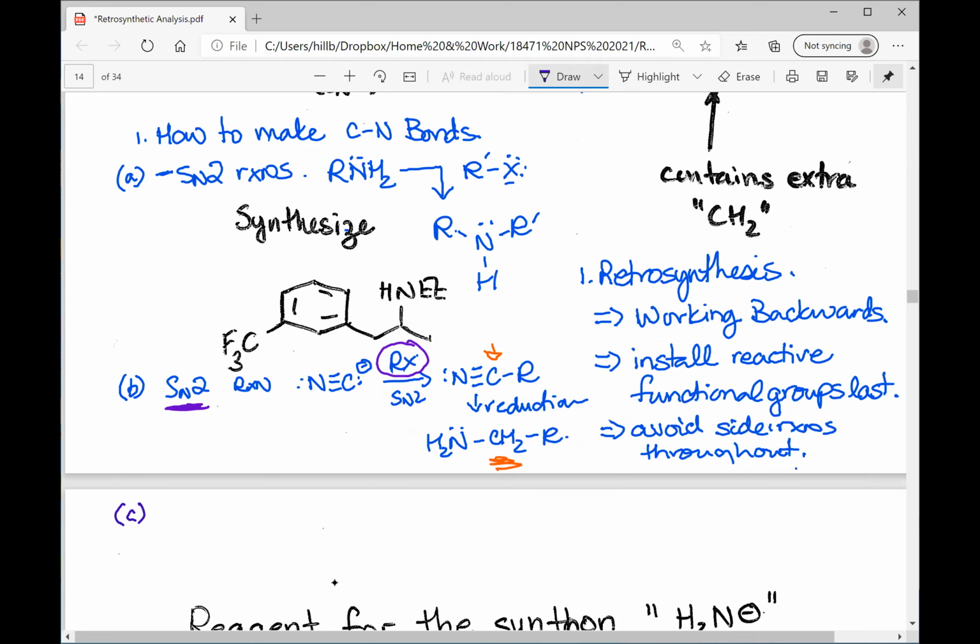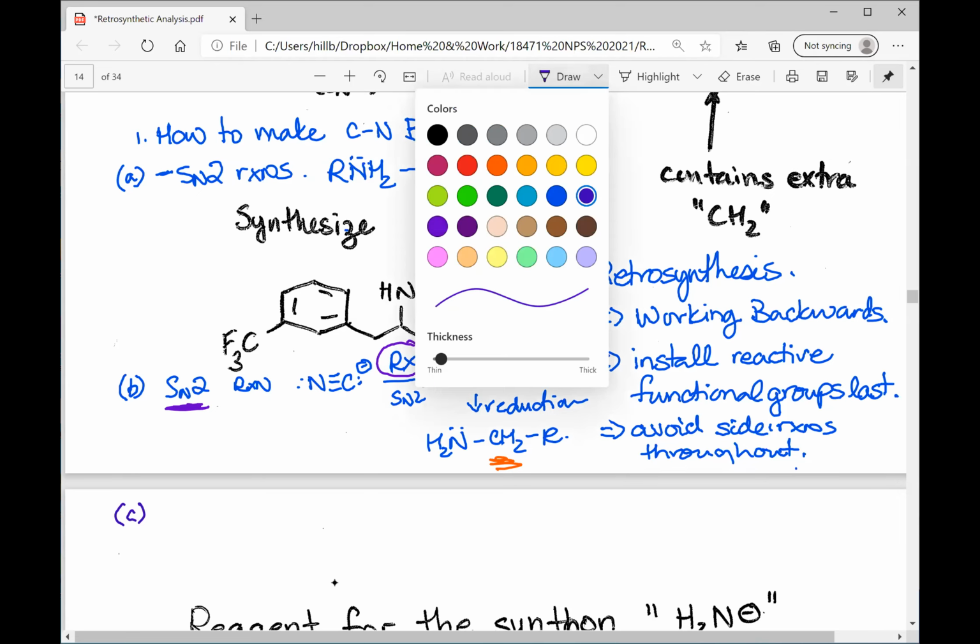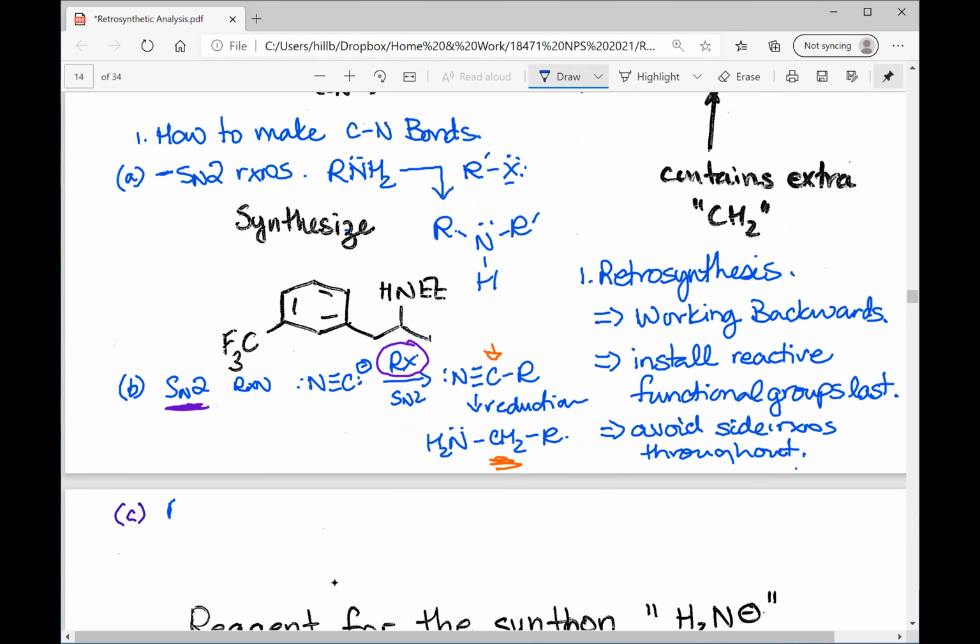Can you make an imine and then reduce that? Right, so reductive amination. Here you'd start with, say, a ketone plus your amine. Do a primary one for this example. This loses water during the course of the reaction.